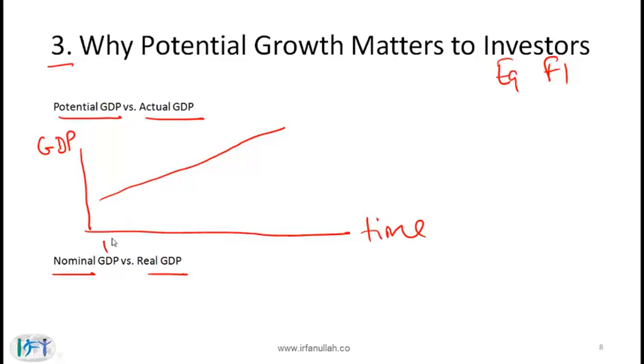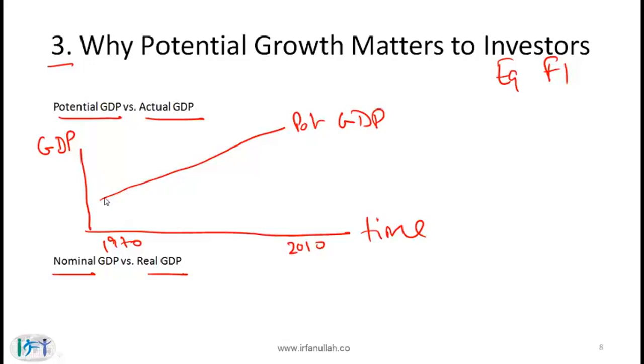So as we just saw earlier, if you go from the 1970s to, let's say, now, the GDP has been growing rapidly. Now, what I have drawn here is a stable trend. This is the potential GDP. This represents the output potential of China.